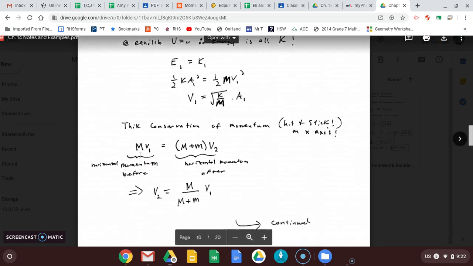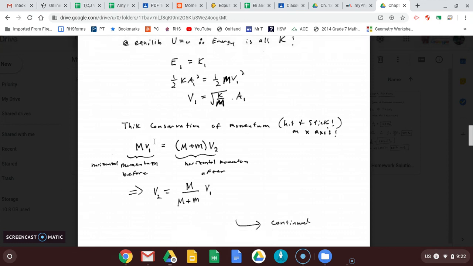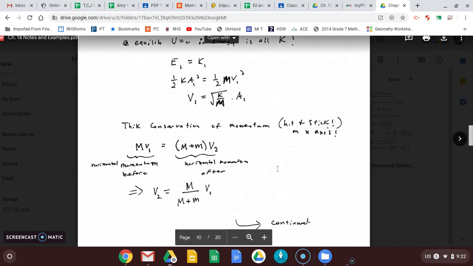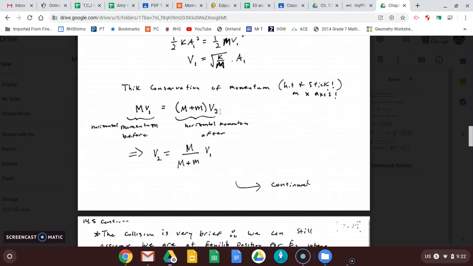That's why before the collision we only have momentum horizontally, x-axis, due to the block. Then the putty strikes. Remember, the putty is mass little m and the block is mass big M, and they stick. So we add their masses together and multiply them times a new velocity we'll call V2 after the collision. Just remember simple momentum, P equals mv. The total before equals the total after. Therefore, if we solve this equation from above, V2 equals big M divided by big M plus little m times V1.